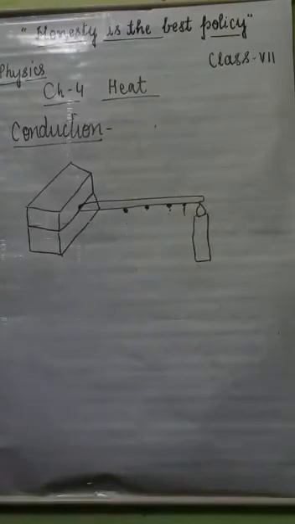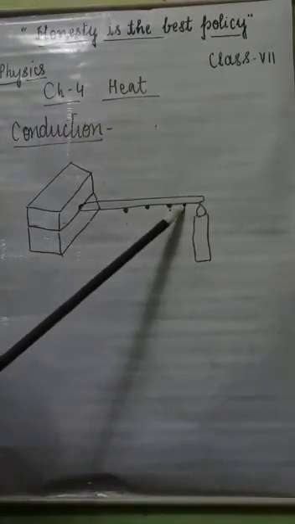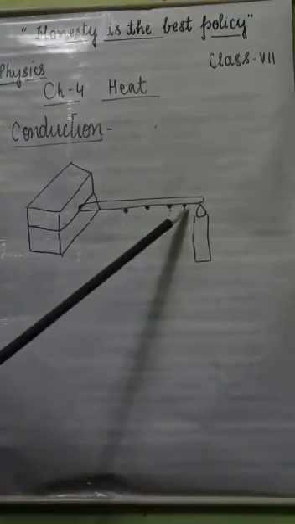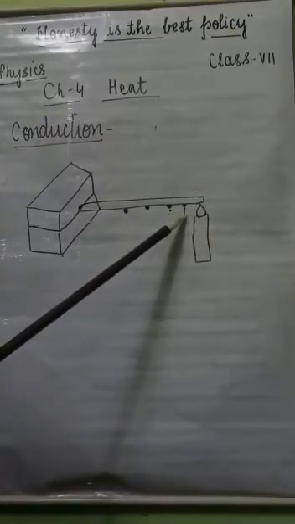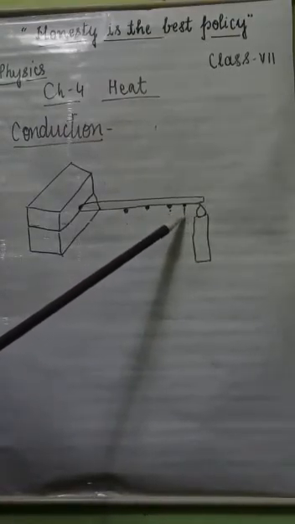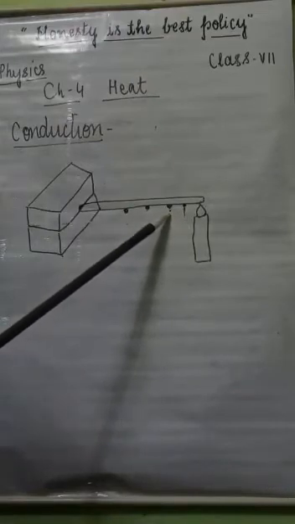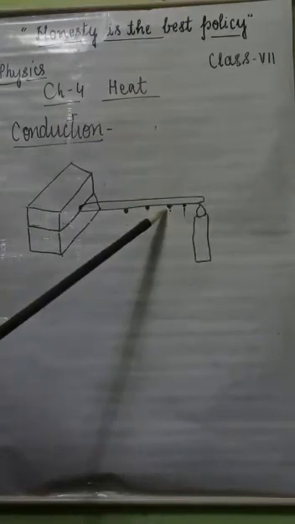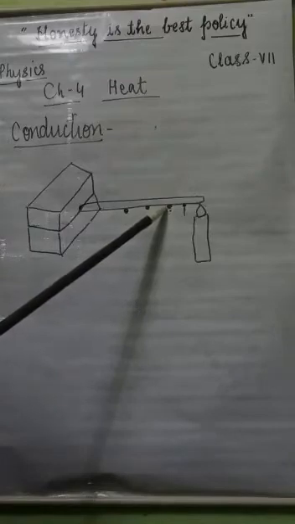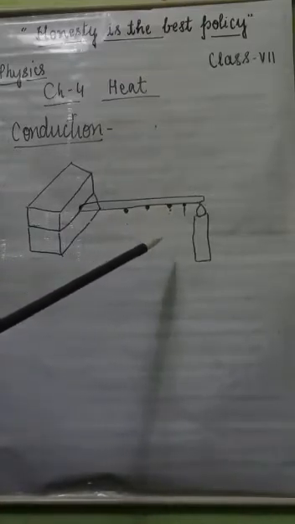Then we see that the wax nearest to the flame melts and falls down. After some time, we see that the second point of wax also melts and falls down.